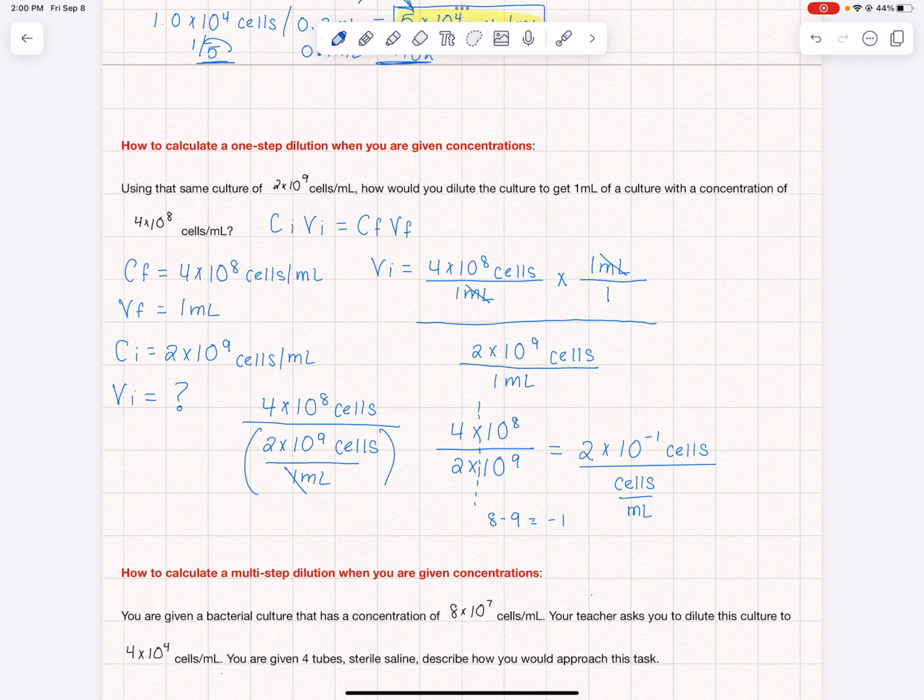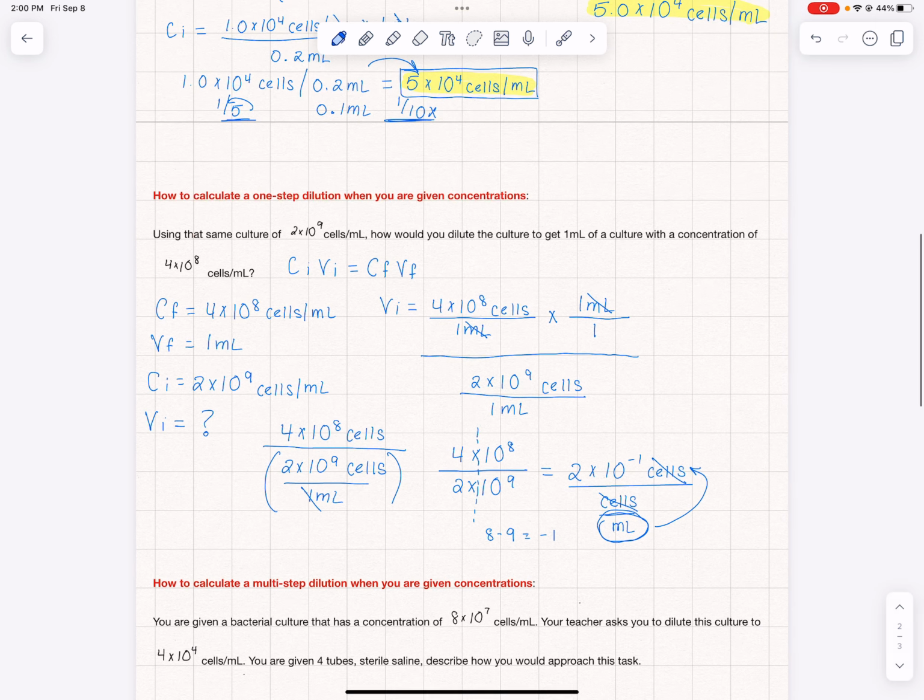Well, in honesty, we can cancel out our cells, but this gives us kind of a weird situation where we have our whole equation over basically a fraction. Just like we were talking about above, where if we divide by a fraction, it's the same thing as multiplying, we actually can bump this milliliters up to the numerator, and it would be the same thing as saying 2 times 10 to the -1 mils.